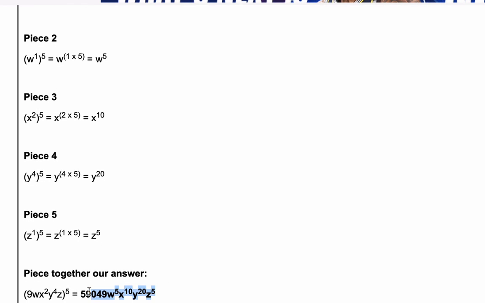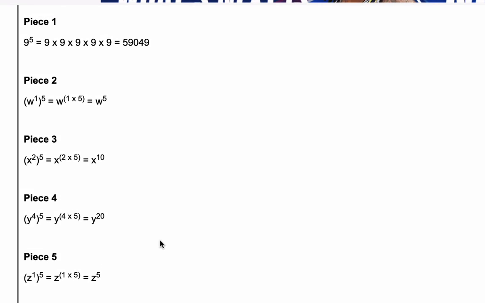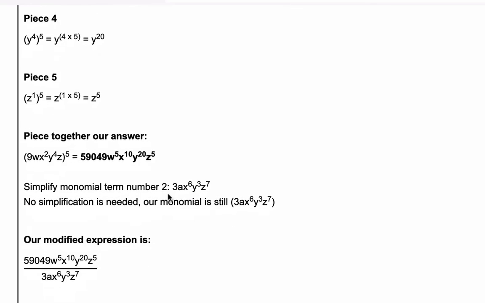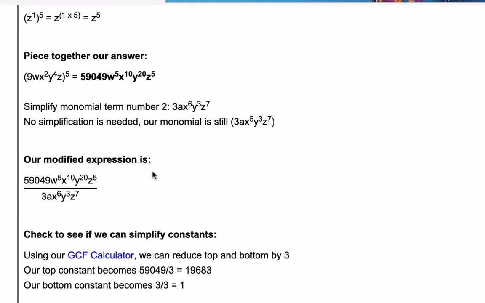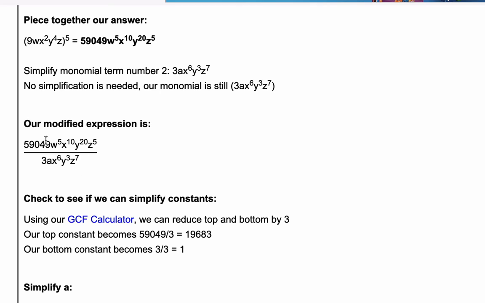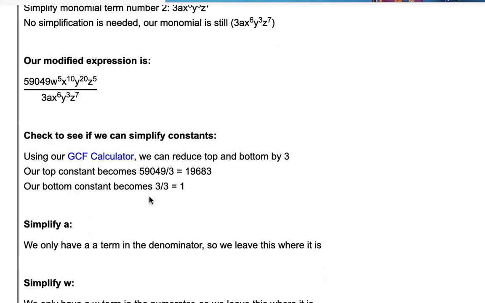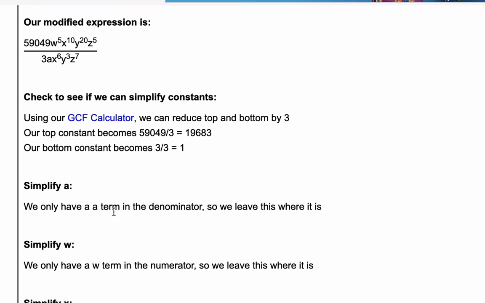Expand that out, we get this term. So now we're going to divide that by this denominator here. And this is where the subtraction happens. So first, if we simplify the constants, we get 19683. Now we want to simplify the variables.